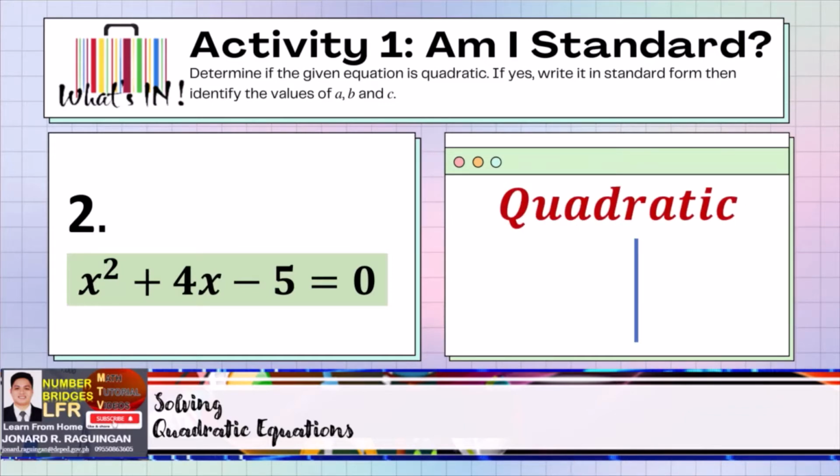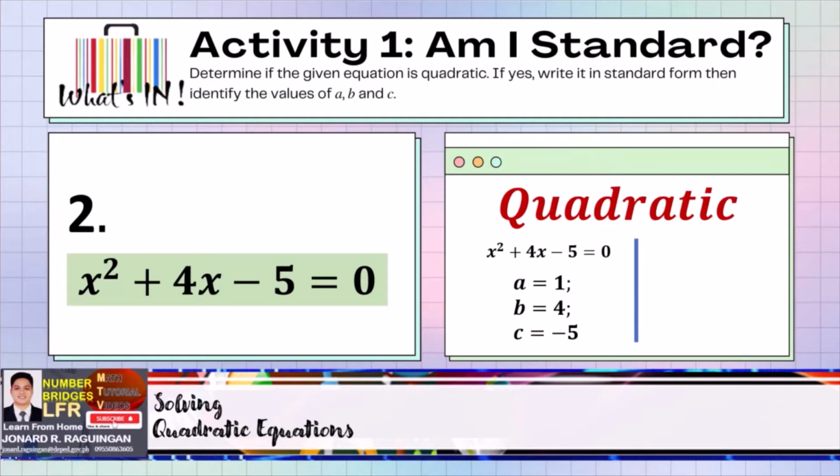Very good. You got the correct answer. And its standard form is x squared plus 4x minus 5 is equal to 0. And the values of a, b, and c are as follows. A is equal to 1, b is equal to 4, c is equal to negative 5.